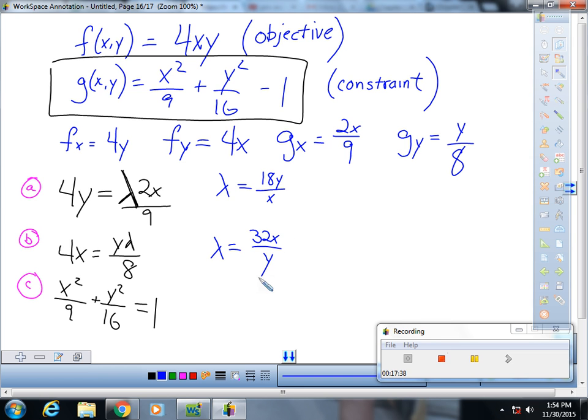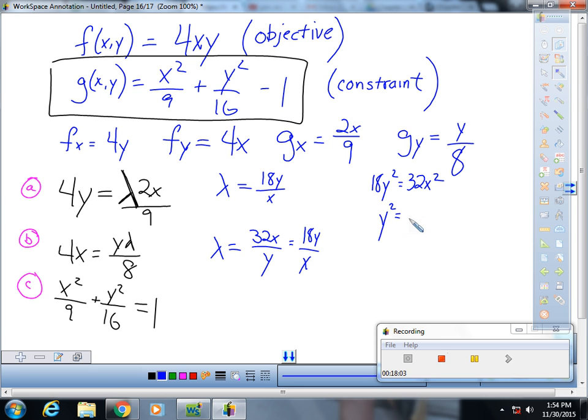Since both of these are equal to lambda, what values for x and y are true so that 32x over y is equal to 18y over x? So then you get 18y squared is 32x squared.